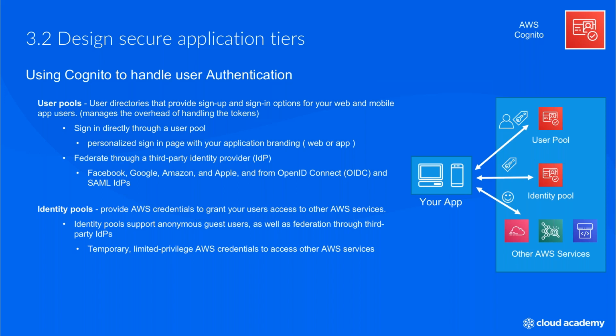What user pools allow you to do is to authenticate the person that's coming in and give them access to whatever you want in your applications. This would be something like if you had a phone app or a web app and you wanted them to have access to your application, that's what user pools allow you to do. And they can federate through various identity providers like Facebook and Google and Amazon and Apple and OpenID Connect, and SAML.